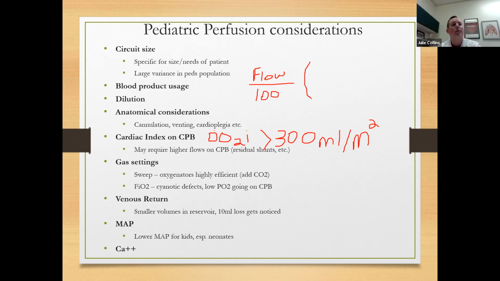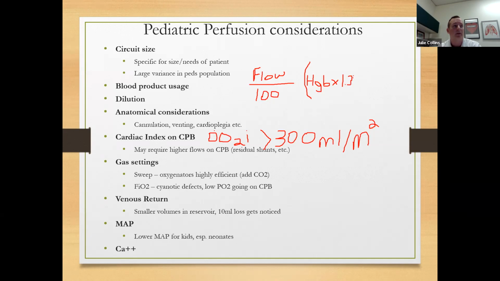Well, at any given moment, though, how do you know what your oxygen delivery is? Not what it's projected to be. What is it currently? The difference between your arterial oxygen and your venous oxygen times your flow. Okay, we've got to get O2 content first.